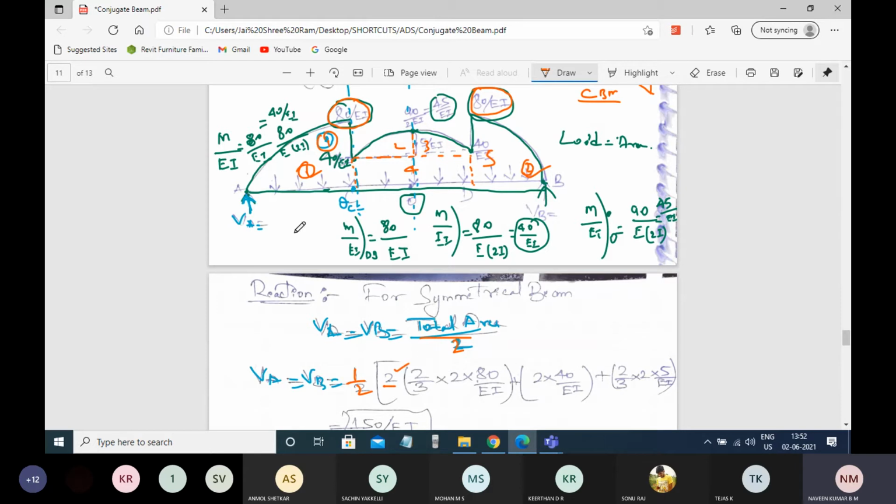The area of this particular quadrant is 2 by 3 times 2, where 2 is the length from A to C, times 80, that is H. Here H is nothing but the intensity of moment.